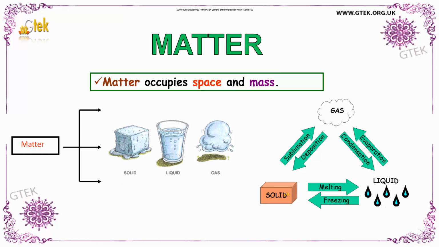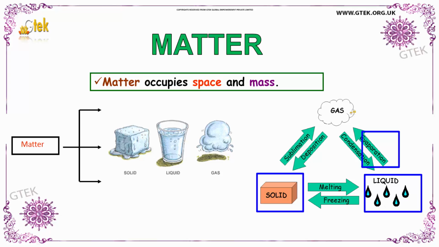We'll talk about matter. Matter is an element or substance which occupies space and has mass. You can see here, a solid, if it melts, will become liquid. The liquid freezes to become solid.